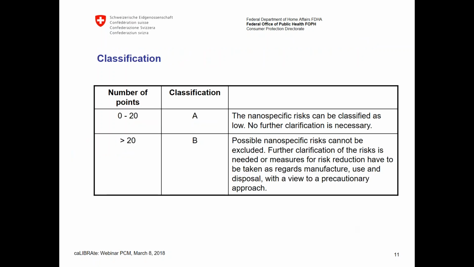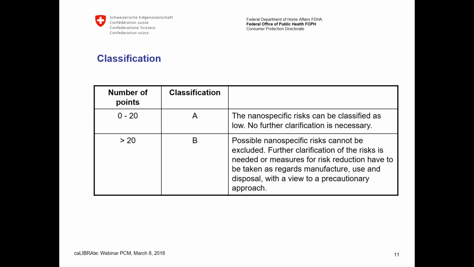So what we did then is also a classification of these numbers, of these points you will get from the equation I mentioned. Numbers between 0 and 20 mean that there is no specific risk, and you can go on the market.